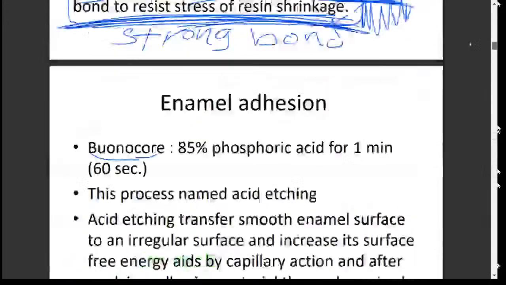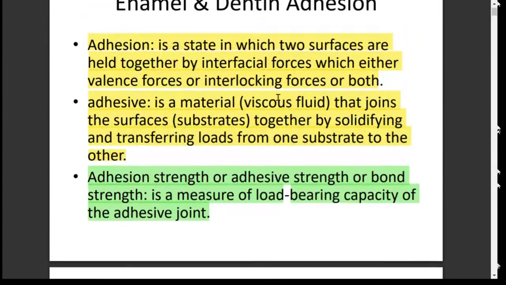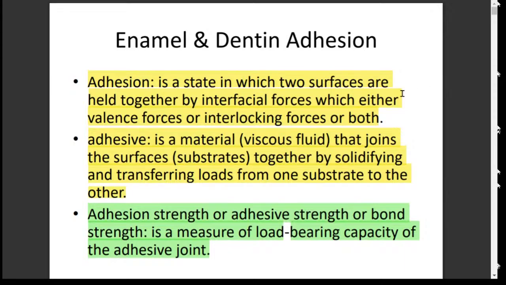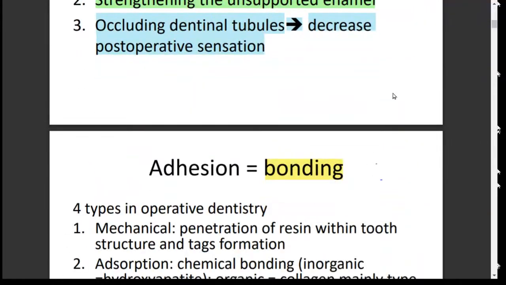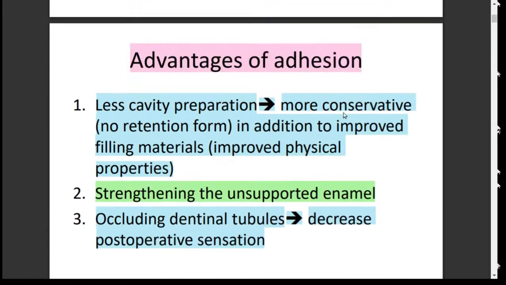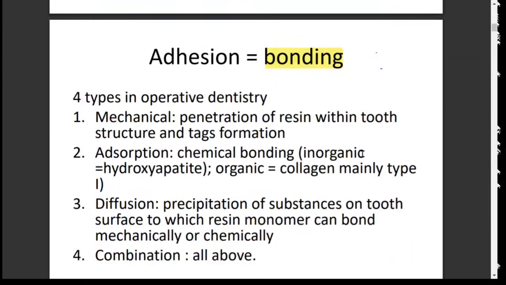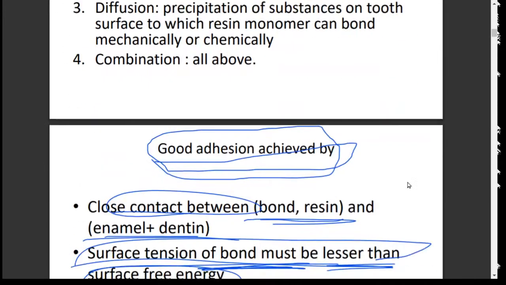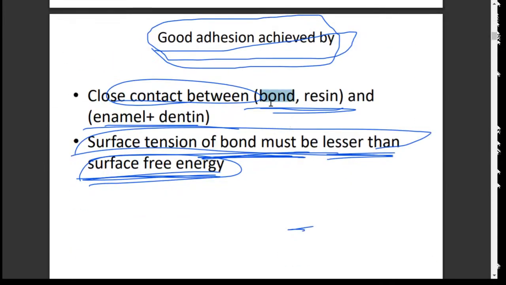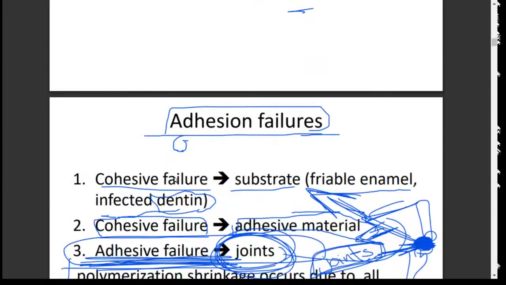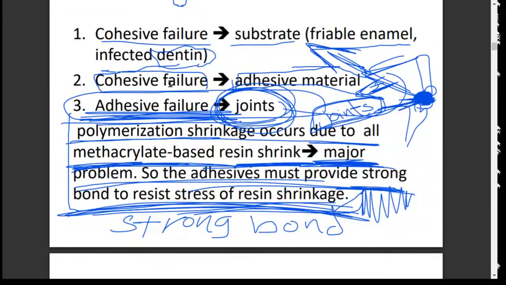And of course, the acid is the material used in etching, and the bond is also called adhesive and cohesive.